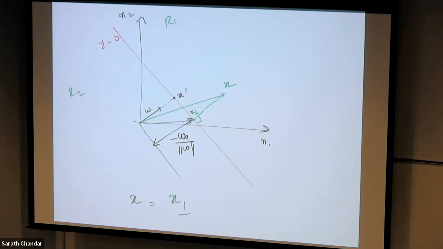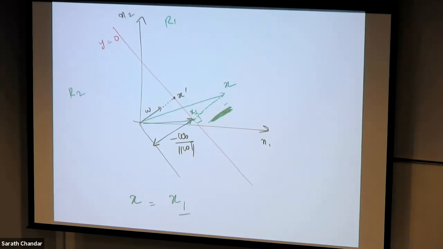Okay, so this is my X equation, right? This is X perpendicular. Now by basic geometry, this vector X is basically the sum of this vector and this vector, right? So this vector is given by X perpendicular. So what is this other part? This part kind of looks like W, right? So they are in the same direction. This is in the same direction as W, but it is going to have a different scale, right?